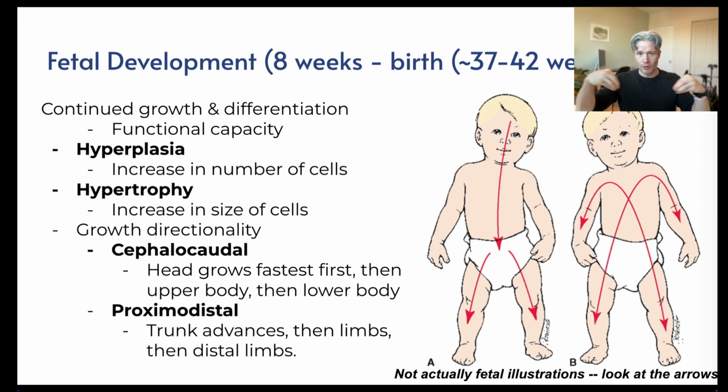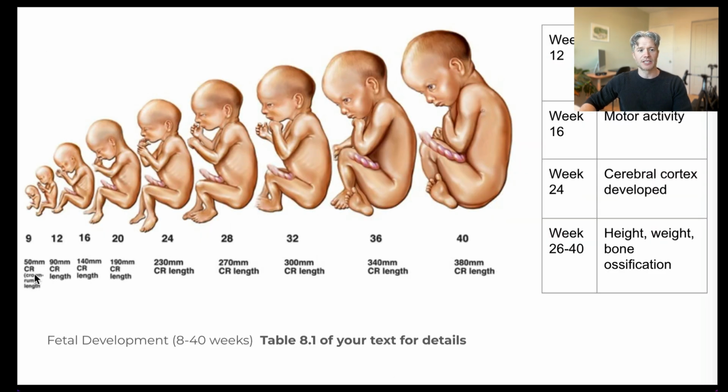Those two growth patterns happen. So head size will grow, then torso, then limbs, then hands and feet at this stage. Those are the two terms we use to describe this directionality as far as actual physical growth. And when we look at our stages from 9 weeks up to 40 weeks in this image, we're really just talking about size and growth that way.